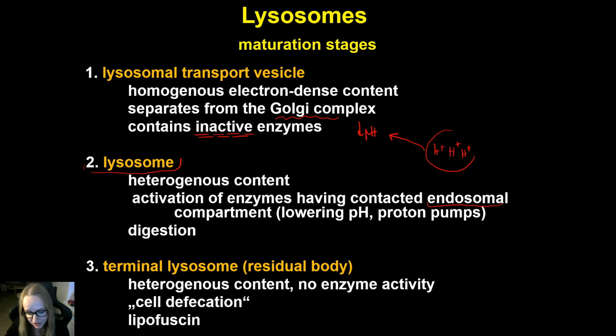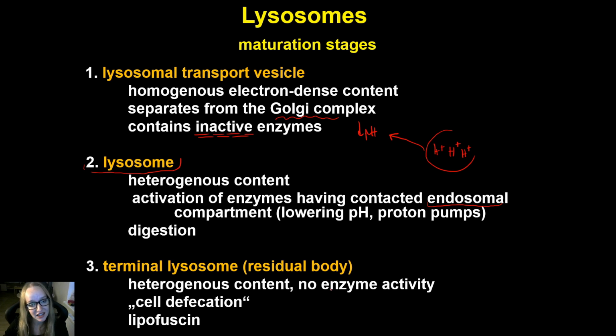Gradually the only things that stay in the lysosome are indigestible substances. When you can't digest something, it stays in the terminal lysosome. This is the result of digestion. It's called the terminal lysosome or residual body, so it's a residue. There is no longer any enzyme activity here, and this terminal lysosome will be excluded. It's called cell defecation.